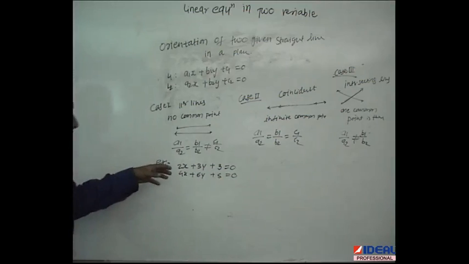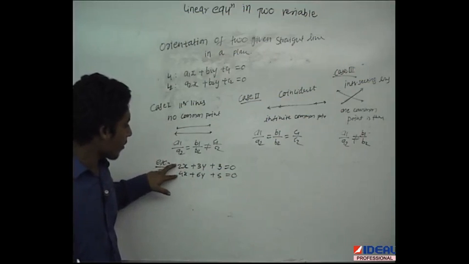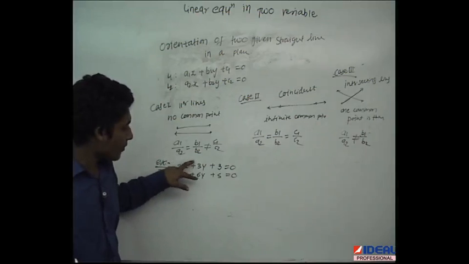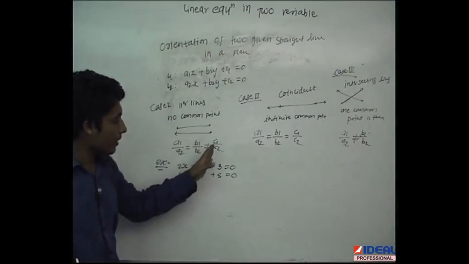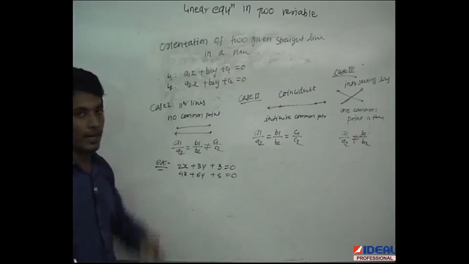So in this equation, the ratio of coefficient of the first variable is equal to the ratio of coefficient of the second variable, which is not equal to the ratio of constants. So this is an example of parallel lines.